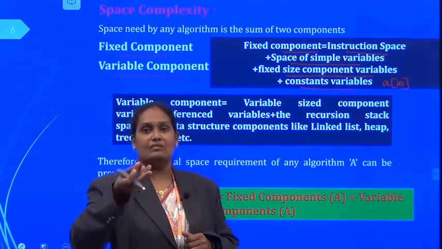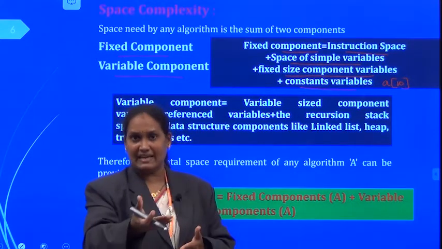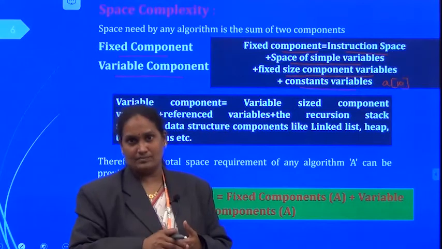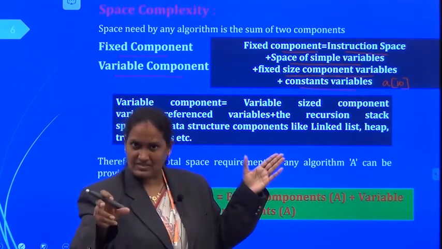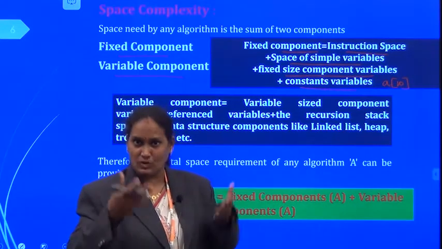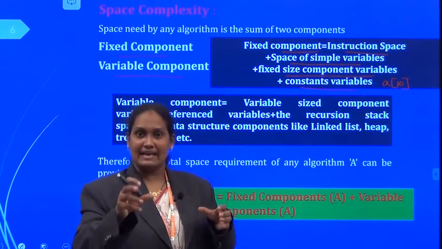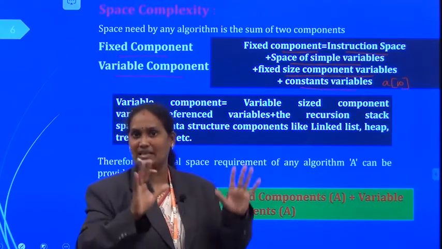If each element takes 2 bytes of space, 10 elements take 20 bytes of space. That is, that array occupies a fixed amount of space, which is 20 bytes. So whatever data you store in that array, it takes a fixed amount of space, which is 20 bytes.